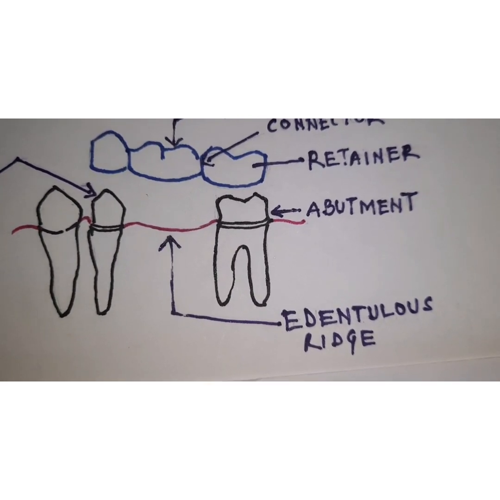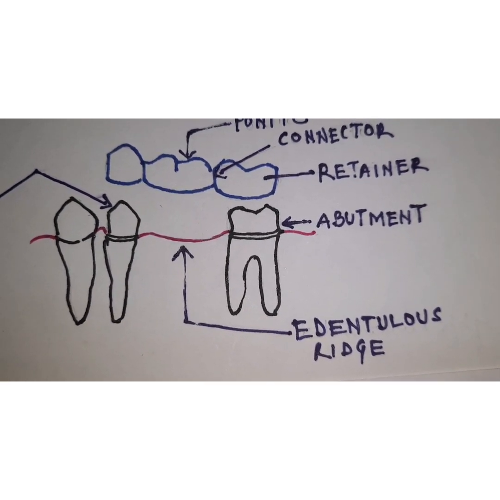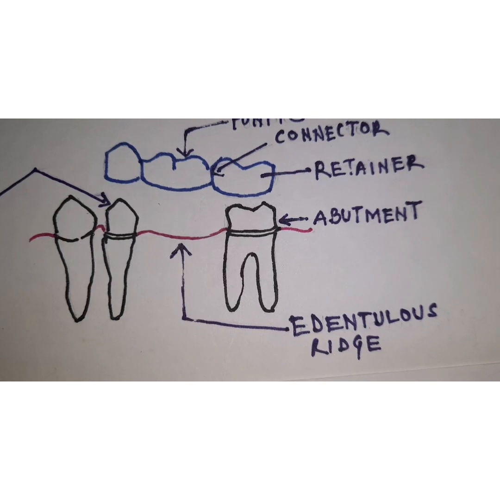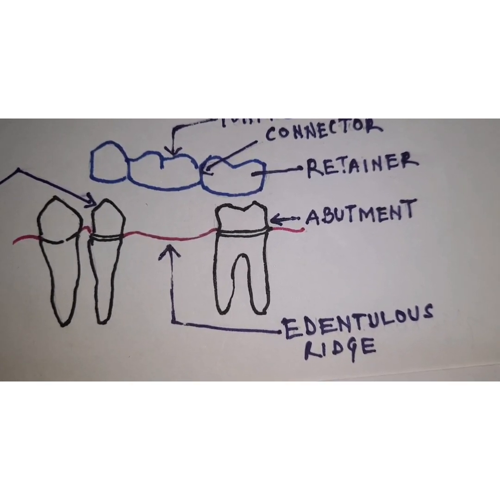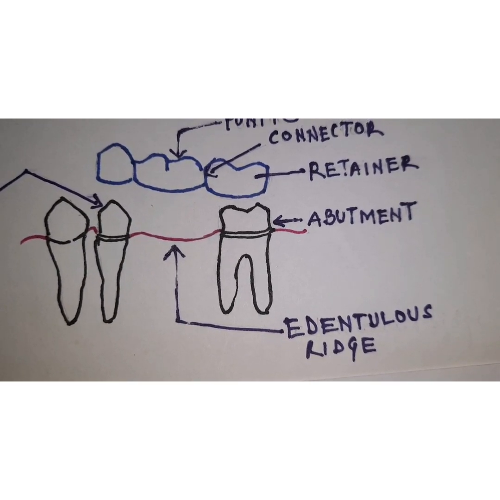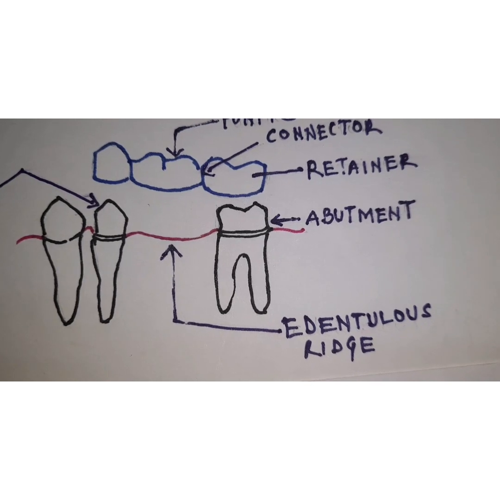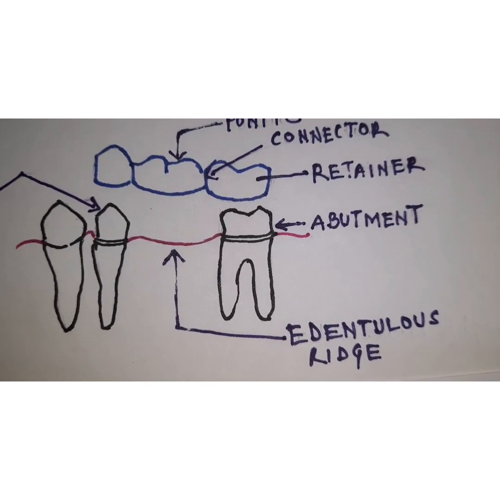In cases of short edentulous span, where only a few teeth are missing, there you have the fixed partial denture which works the best. In a psychiatric or a physically handicapped patient with limited dexterity and who cannot clean his removable prosthesis, in those patients it is always better to give a fixed prosthesis.